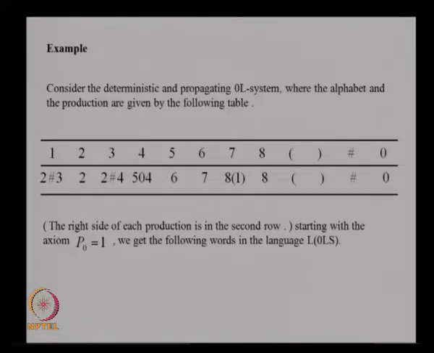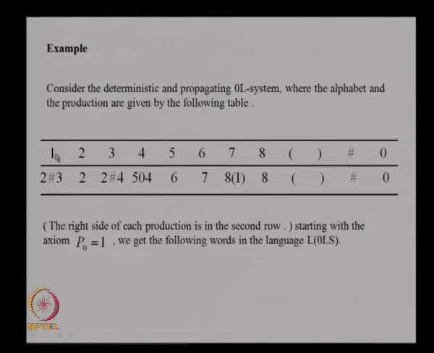One more example we shall consider. Consider the deterministic and the propagating 0L system, that is both deterministic and propagating, because you see that for every symbol there is only one rule. The symbols are 0, 1 to 8, and 3 more symbols: left parenthesis, right parenthesis, hash symbol.